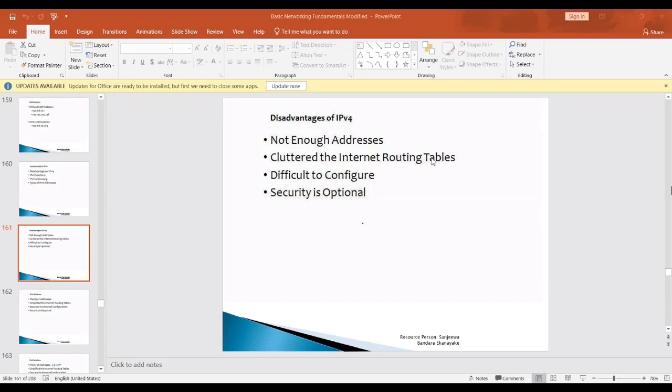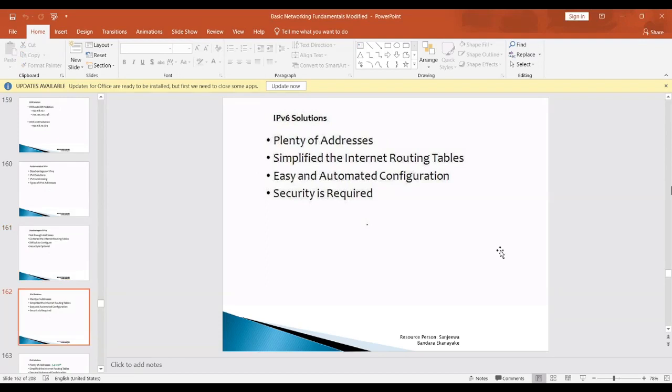Therefore, there was a requirement for address space as well as for security and configuration. A new IP version provides this solution: plenty of addresses, simplified internet routing tables, easy and automated configuration, and security is required, that means IPsec-like features, right? Those are some of the advantages of using IPv6.